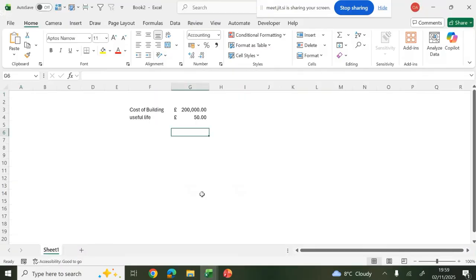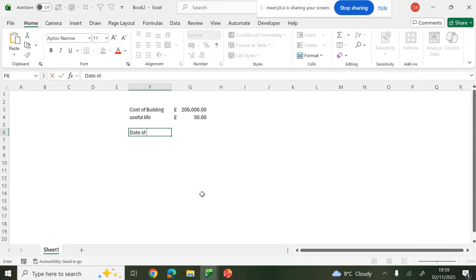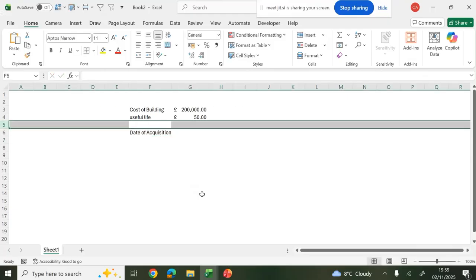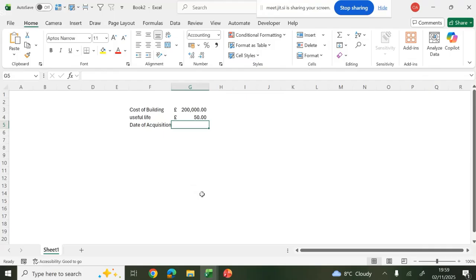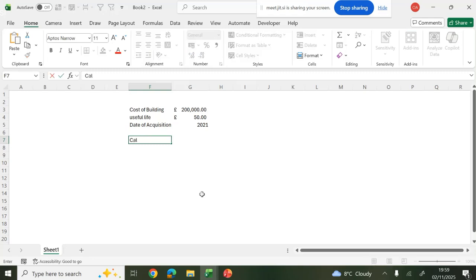That is 2021, right? So basically, the first thing we want to do is to calculate the carrying amount.